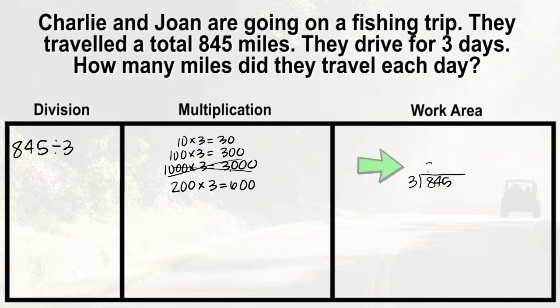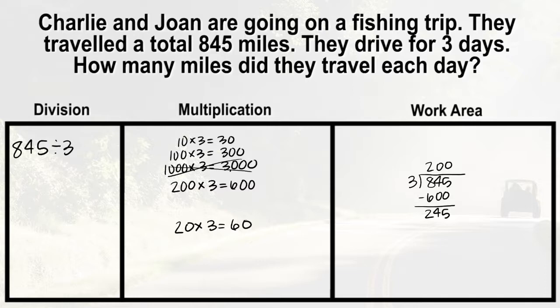We will write the partial quotient of 200 on top of the division symbol, and we will place the partial product of 600 under 845. We now have a dividend of 245. This is less than 300, so we need to find a partial quotient less than 100. If we double 100 times 3, it is 200. If we double 10 times 3, it is 20 times 3, or 60.